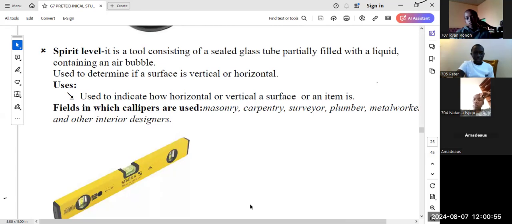Okay. Now, masonry is a type of profession whereby people are involved in building houses, using stones, bricks, or what we call potholes.